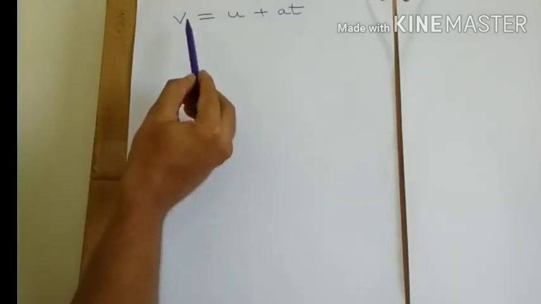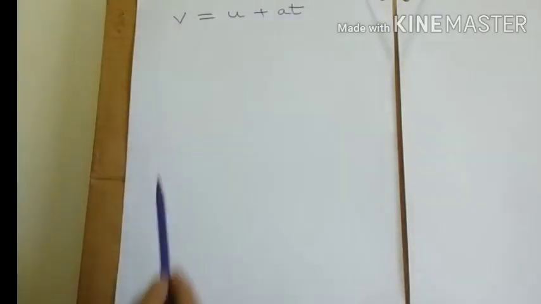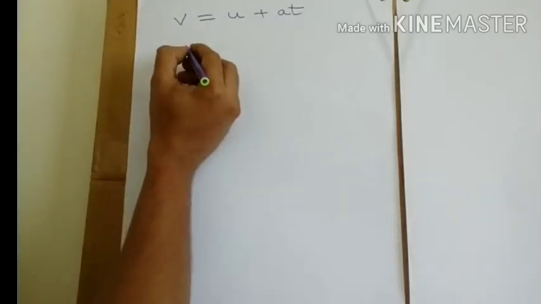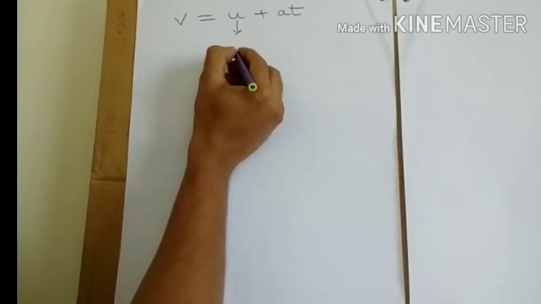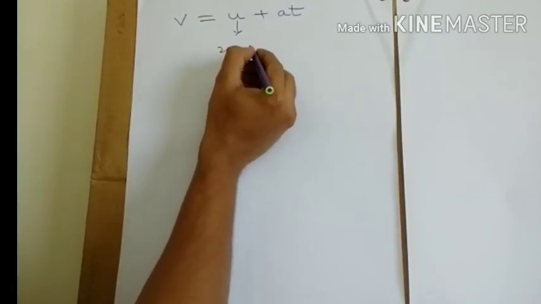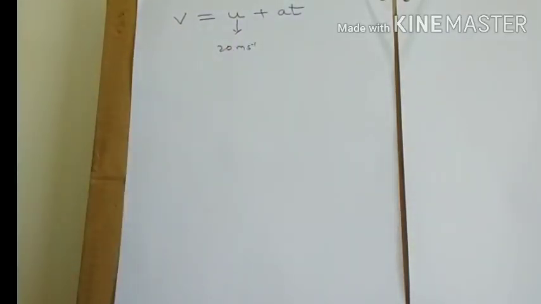Now let us see the first equation. The first equation is V is equal to U plus AT. How do we make use of this equation? Consider we have an object that is having initial velocity of, let us say, 20 meter per second. These are just random values that we are putting just to understand how we can use the equation.